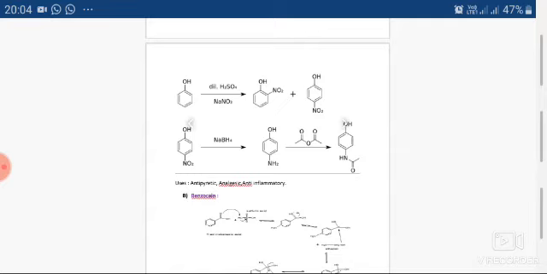This para-aminophenol undergoes acylation with acetic anhydride or acetyl chloride to form paracetamol.